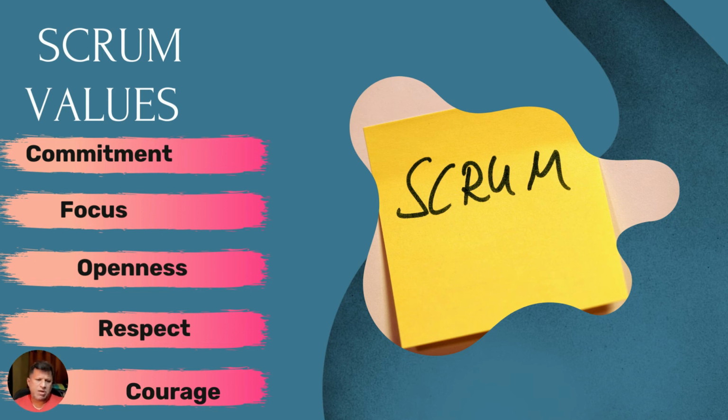Even without that, if you are delivering to a value stream, there would be an opportunity or necessity to integrate at a larger level. So are you focused enough? And that is another Scrum value.